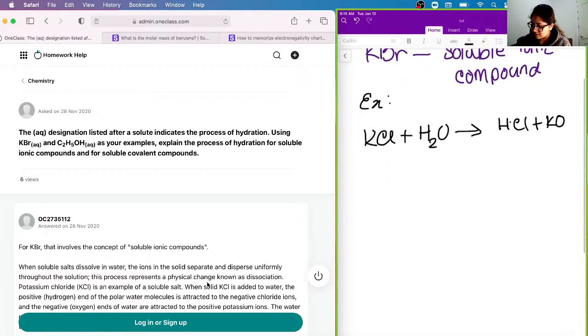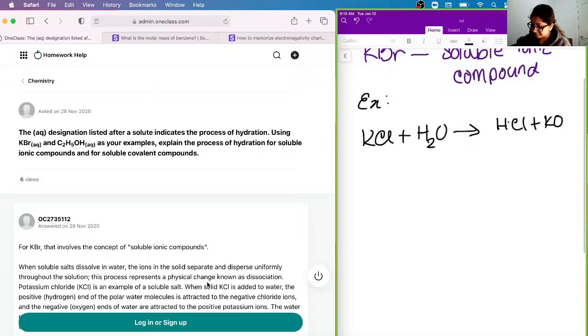So you would have these floating around as your chloride ions and your potassium ions.